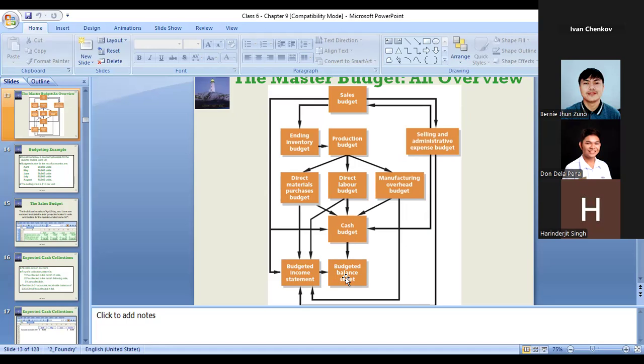So now we're going to start with the sales, and we're going to go all the way through the whole process, so you can see the process all the way to the balance sheet. Now, in order to do that, I can stay with the slides, or I can move to the Excel spreadsheet. Again, the same Excel spreadsheet that's sitting for you in the Moodle.